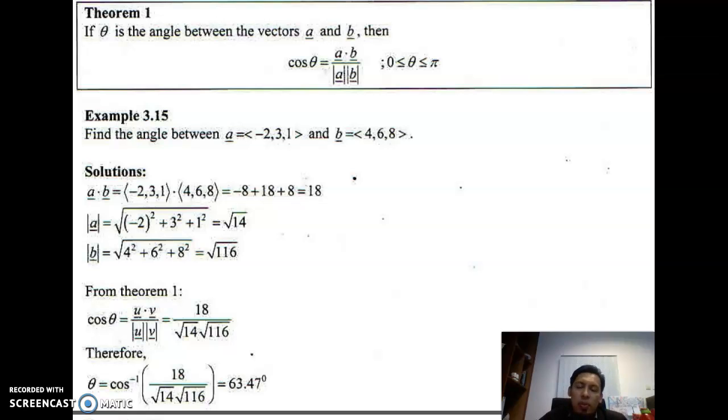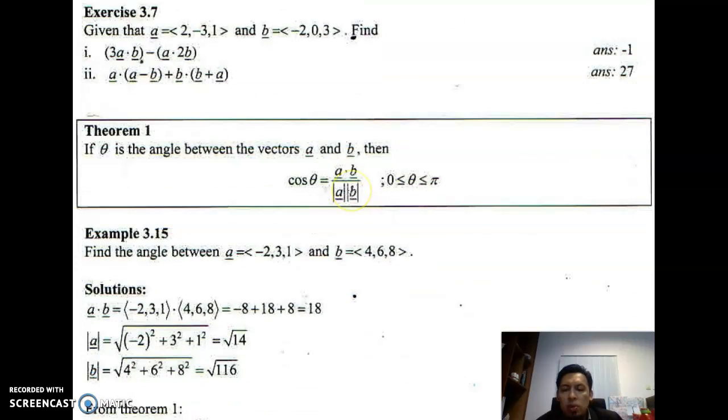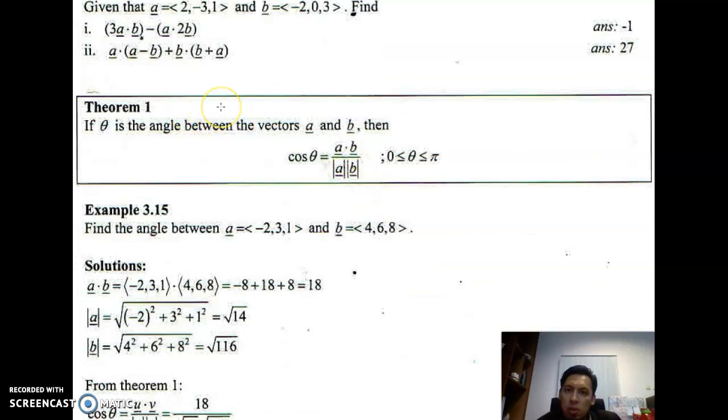Okay, let's proceed with the usage of dot product. We have learned how to calculate dot product before. Now we're going to see that one of the uses of dot product is to calculate an angle between vectors. Please don't make a mistake.